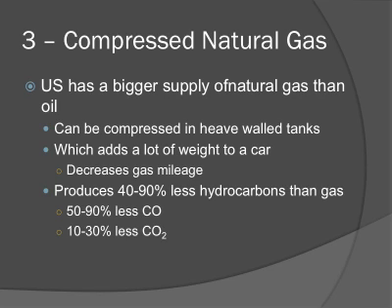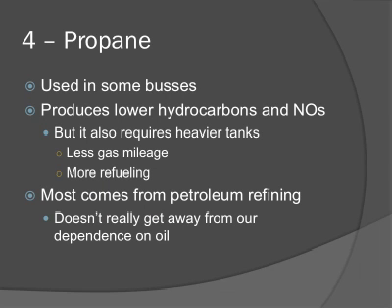Another type of alternate fuel would be propane. We use propane a lot in our houses to heat our houses, right? But propane in transportation is used a lot on buses. They produce lower hydrocarbons and lower nitrogen oxides, but again, it's a gas, which requires a heavier tank, which makes less gas mileage, which makes more refueling, more expensive in the long run possibly.